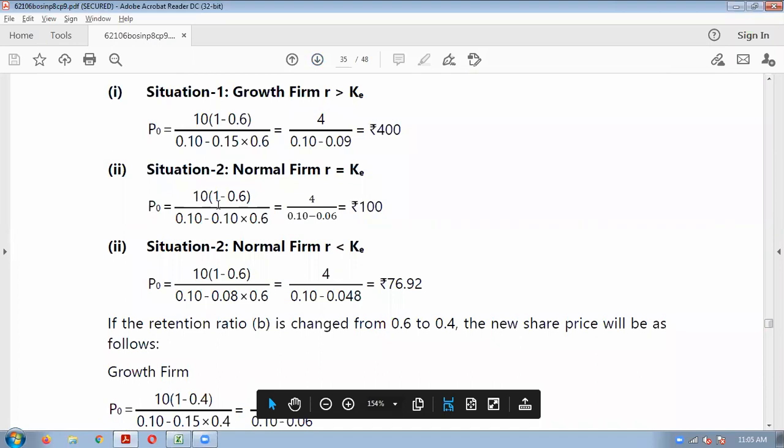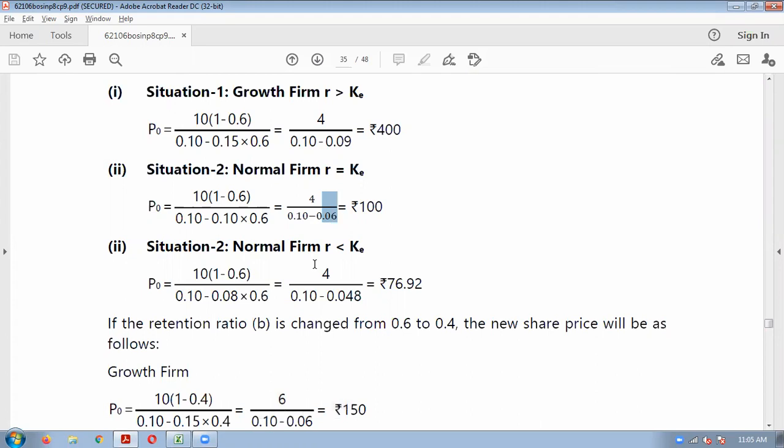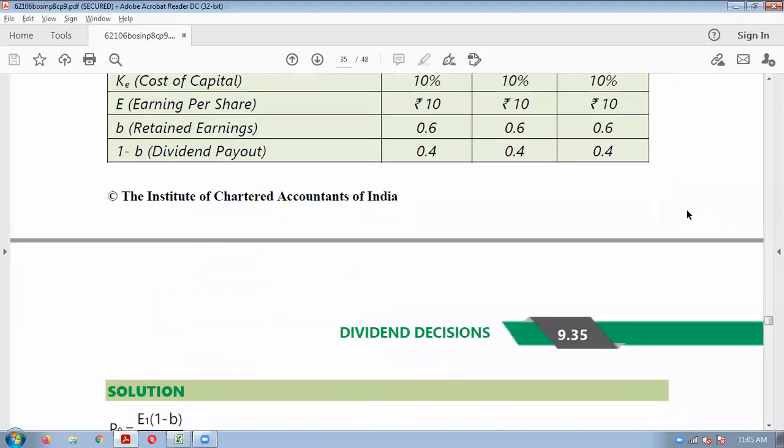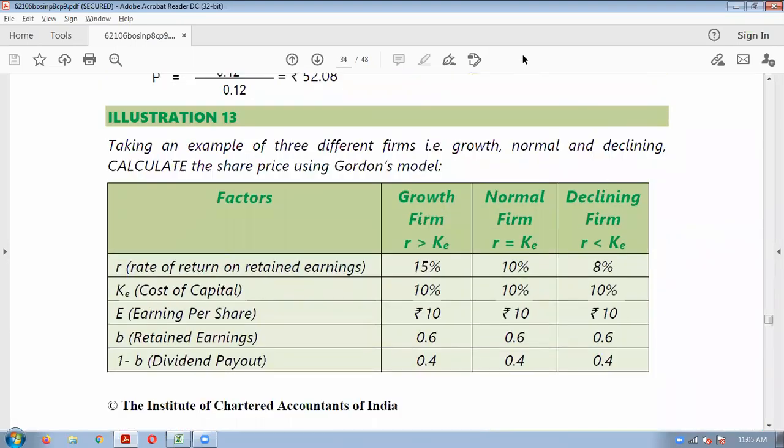See, 10, 1 minus 0.6 divided by... only the growth rate will be changing. All other data will remain the same. Here also the growth rate is changing, and all other data is remaining the same, because the retention ratio is the same in all the cases. So your dividend will remain the same in all 3 cases.